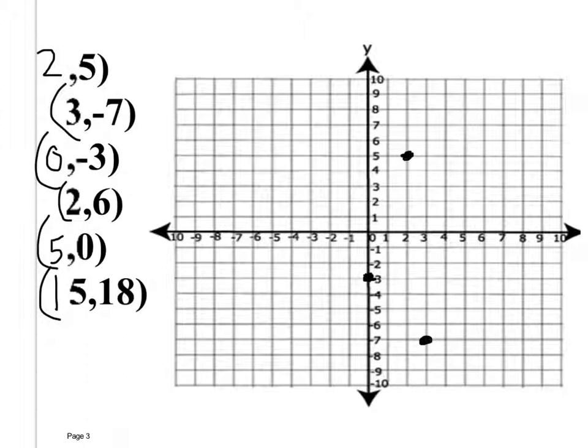Should have made one of these negative 2, 6. 5, 0. Okay. Hold on. Yeah, I was thinking a different one. Why did I do 2, 5 and 2, 6? I shouldn't have done that. Alright. So that's where they go.